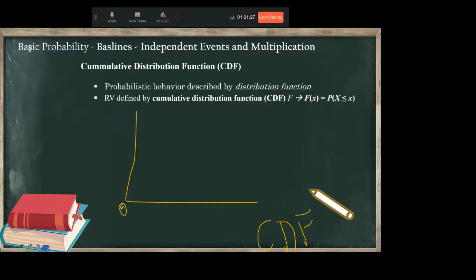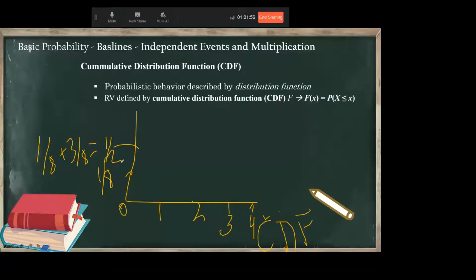It's 0, 1, 2, 3, 4, and so on. It doesn't matter if it's discrete or continuous. So the first one is 1 by 8. The second one is 1 by 8 plus 3 by 8. Right? It's 4 by 8, so it's 1 by 2.